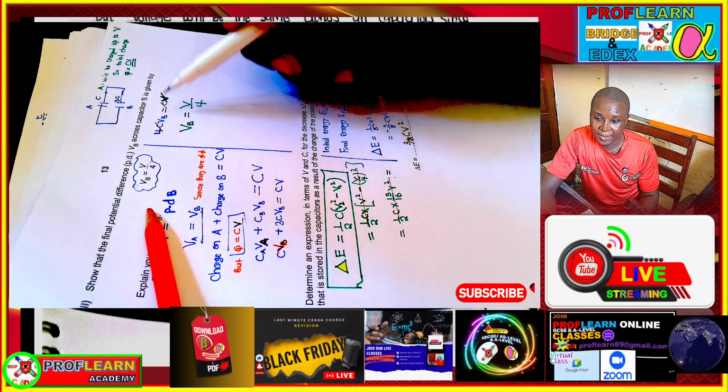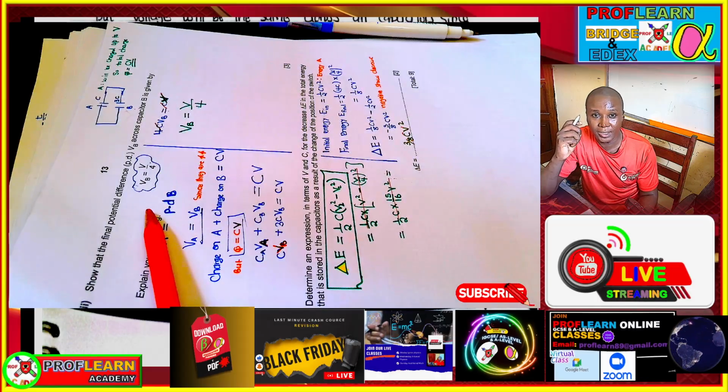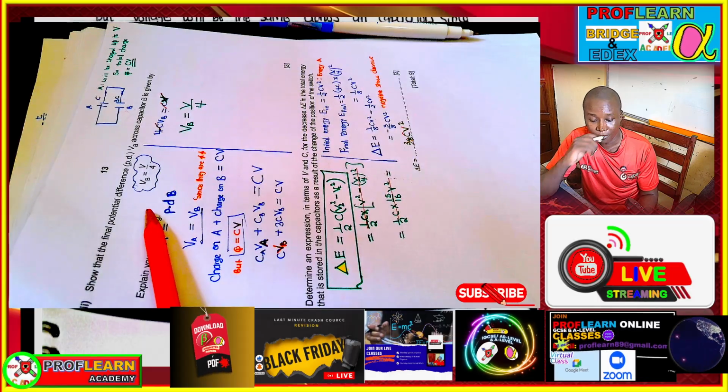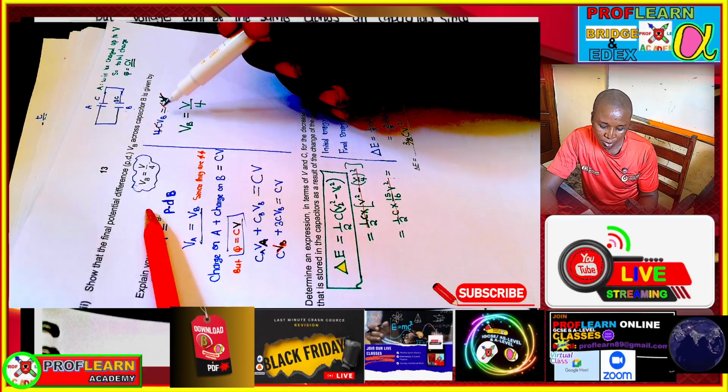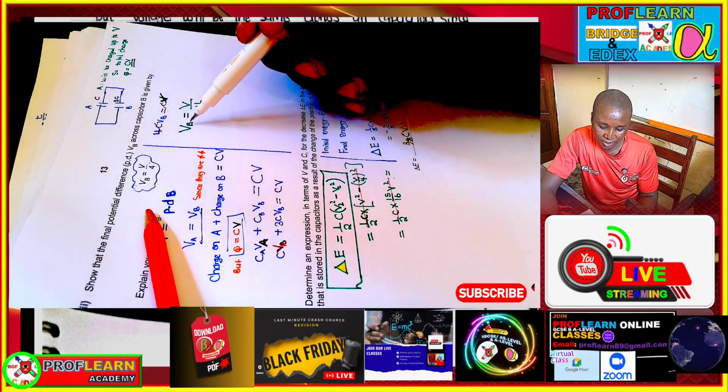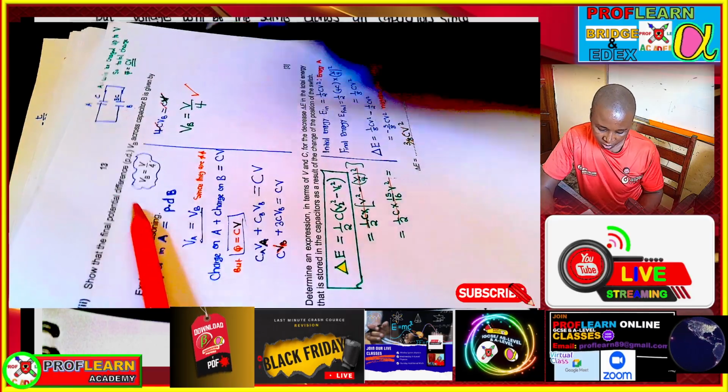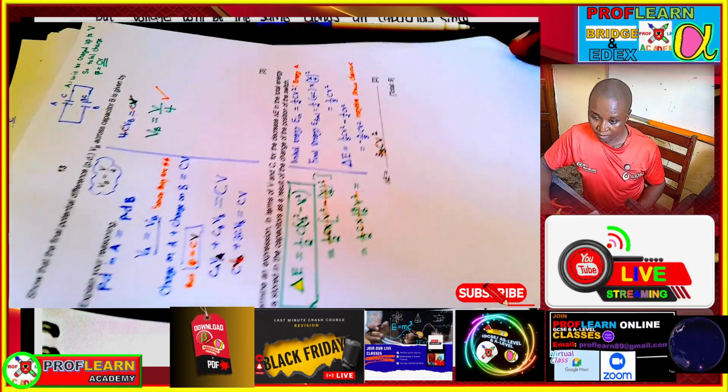But that will be equal to the initial charge that was in capacitor A. That was what? CV, right? So if you make V the subject, you are going to get your expression like that.